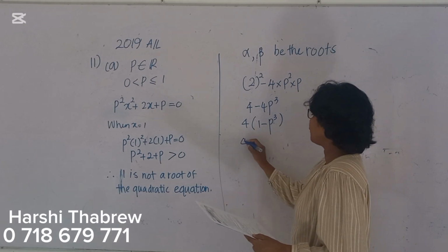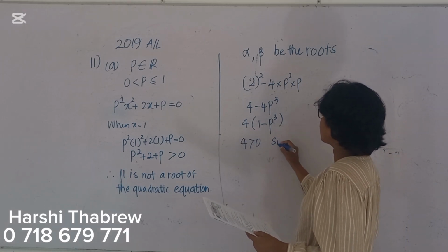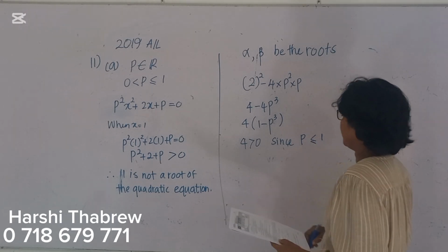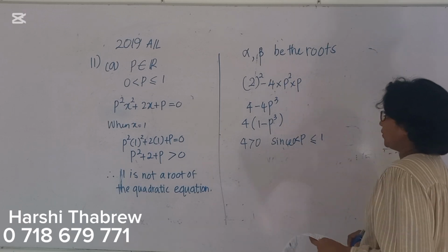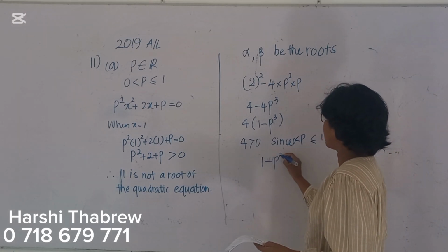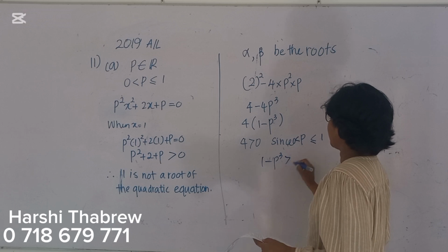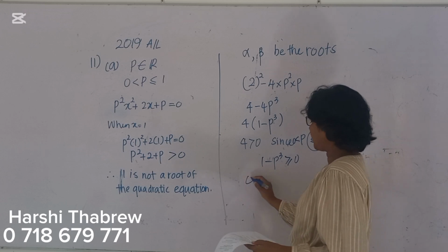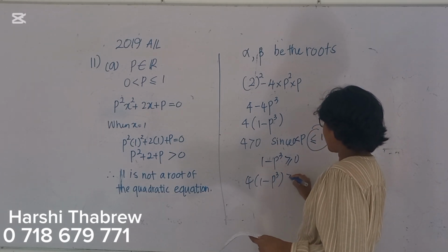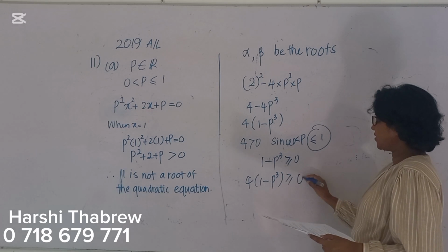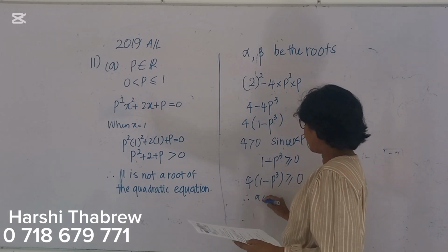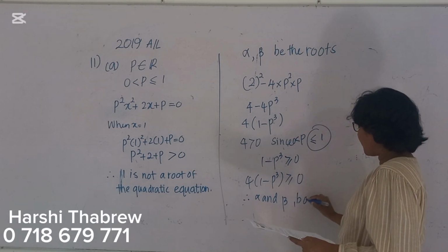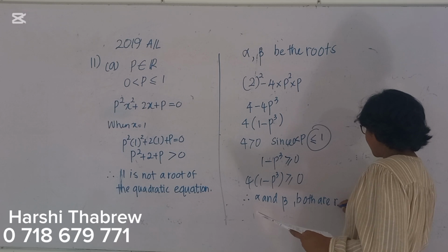Since p is less than or equal to 1 and greater than 0, 1 minus p cubed is greater than or equal to 0, because it can be equal to 0. So 4 times 1 minus p cubed is greater than or equal to 0. Therefore, alpha and beta are both real.